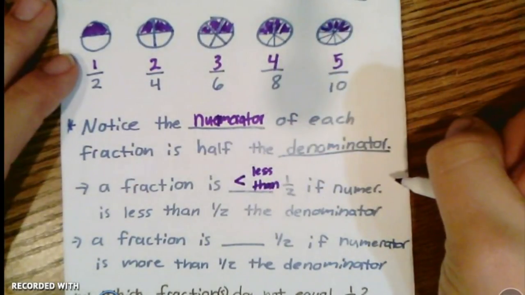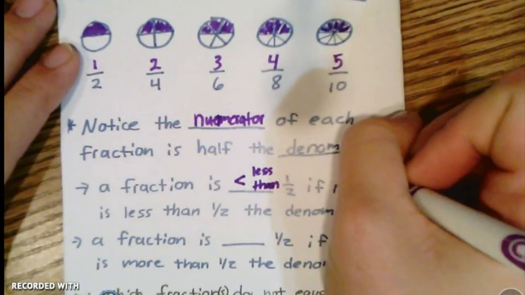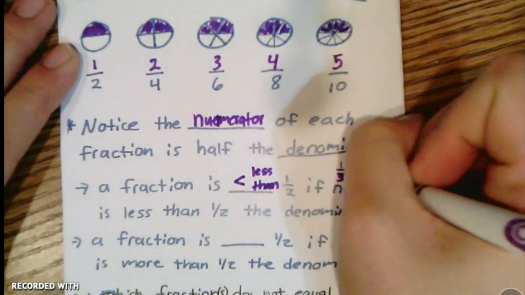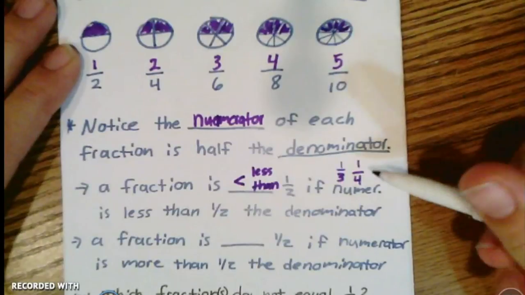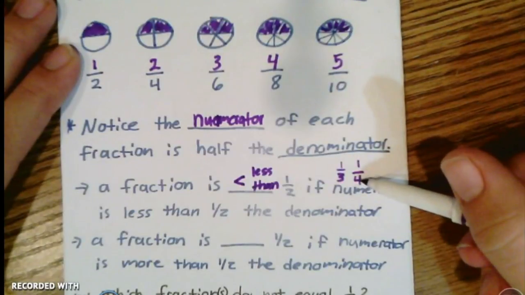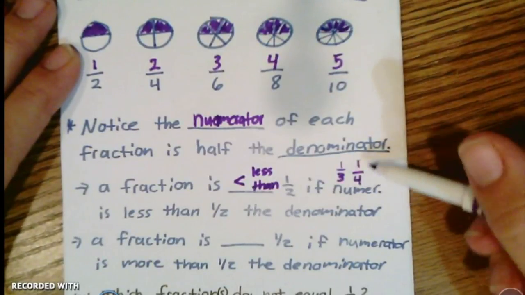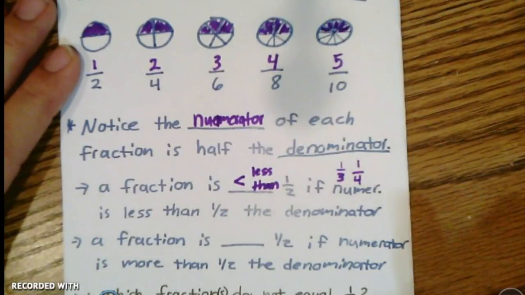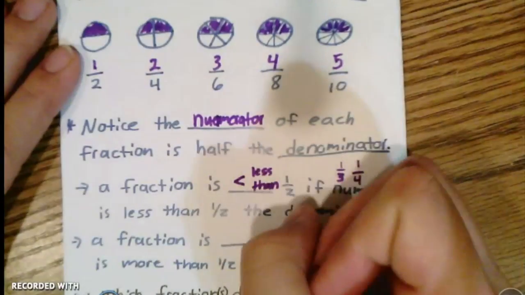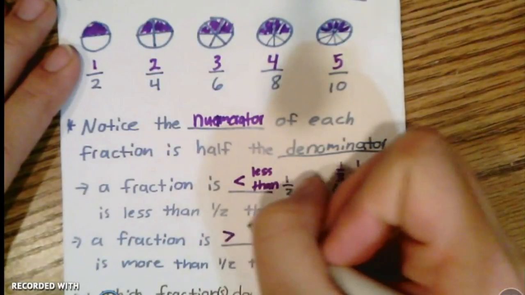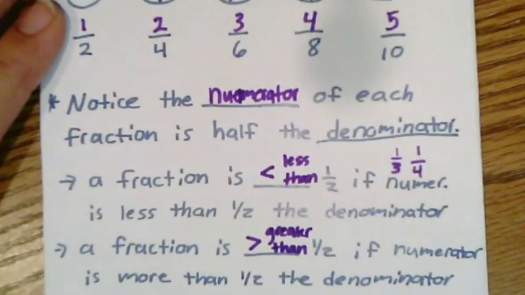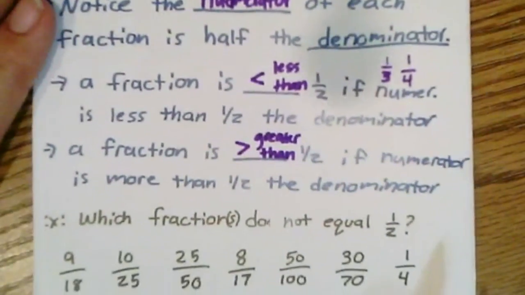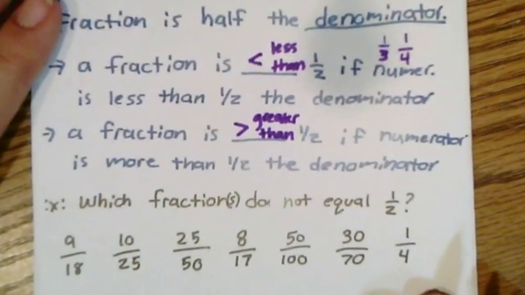So an example of that would be like 1/3 or 1/4. 1 is less than half of 4, so it's less than half. A fraction is greater than half if the numerator is more than half the denominator.